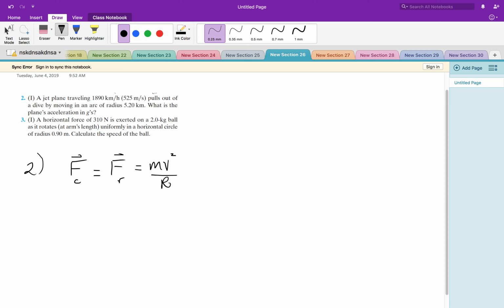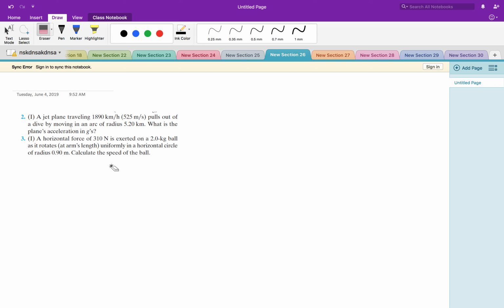Now, we do not have the weight of this jet plane. Let's see here, moving in an arc. Actually, I oversimplified this, so you got to see me make a mistake here. Let me just go through this really quickly. Okay, I think this is actually what's happening. So we have this plane, and initially it's diving like this.